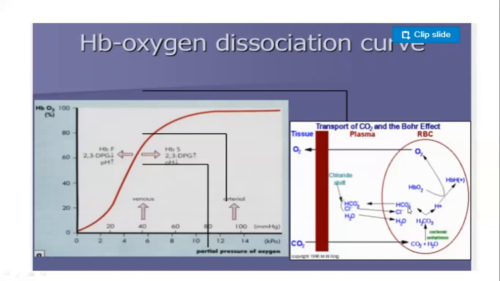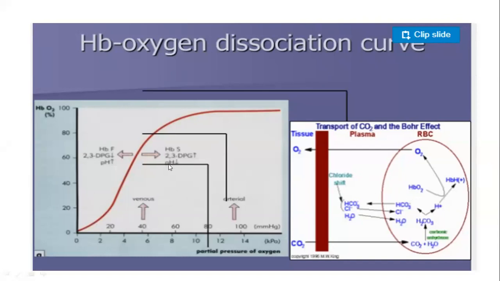The bicarbonate gets removed from the cell, going out with a chloride shift. This effect is what we call the Bohr effect, where you release oxygen from hemoglobin and bind it with the hydrogen ions.